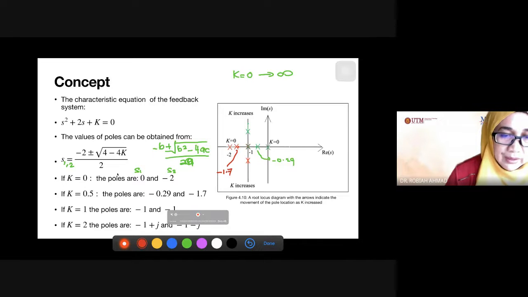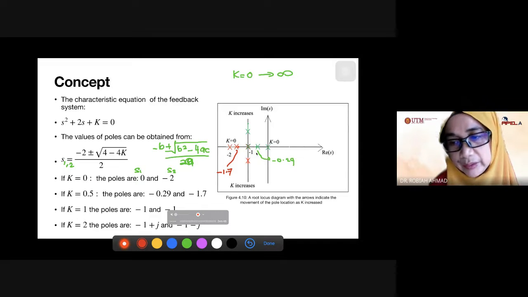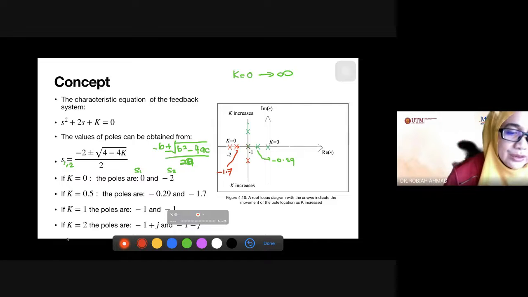The poles are, when we put it here, we will find that the values of S1 and S2 both go to minus 1. So that's why if you look here at the real axis, at X equal to minus 1, we have both colors, green and red. And then I proceed with K equal to 2.